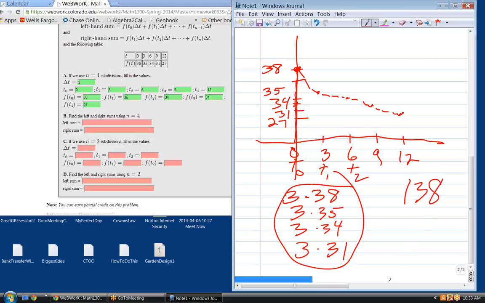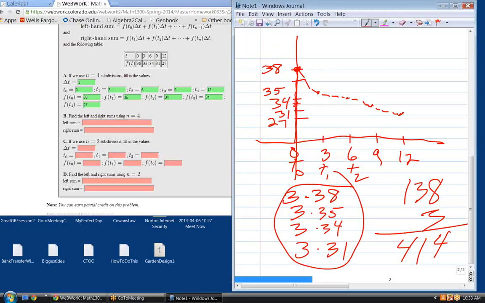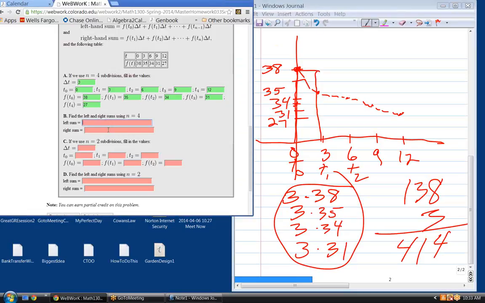So the numbers on the right, answer? 414 should be right. Is that what you get? Yeah. Is that going to overestimate or underestimate? Over. Okay. So the next number we get should be smaller.